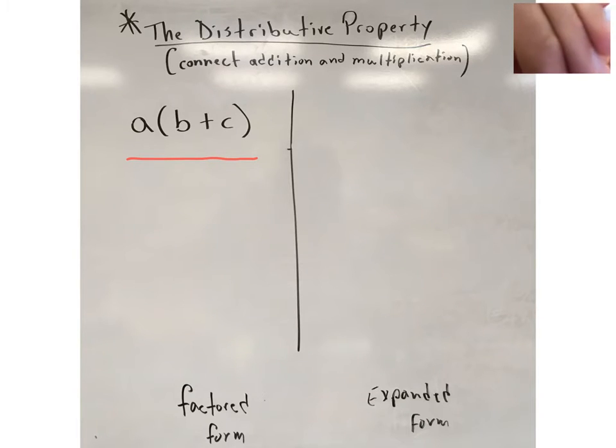It looks like this. A times B, because remember the parentheses next to a number or a letter in this case means multiply.